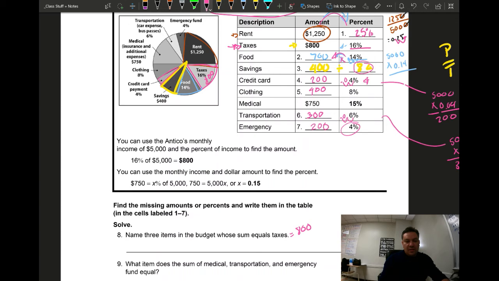So let's look at this. I have 400 and 400, that's not going to do it. That's 800 and that's already 2. But if I do 200 and 200 and 400, that will do it. So I can do probably savings plus credit card plus emergency. If I add those 3, that's going to be 800.